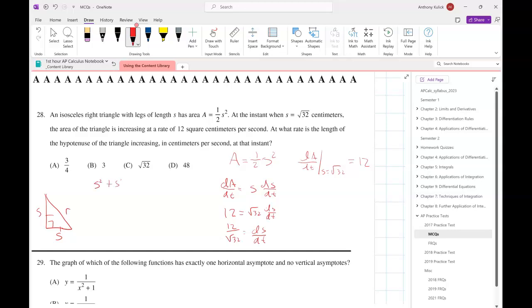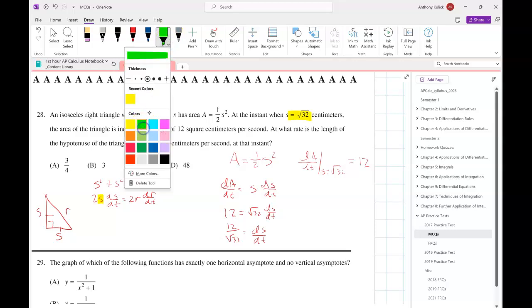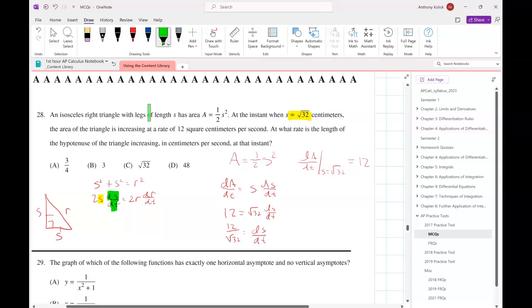So s squared plus s squared is equal to r squared. If I take the derivative of both sides, I end up with 2s ds/dt equals 2r dr/dt. I have s. I know that's root 32. I have ds/dt. I know that's 12 over root 32. I'm looking for dr/dt. What am I missing still, though?